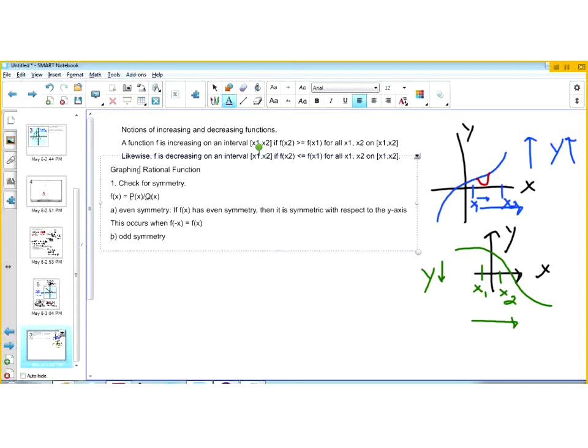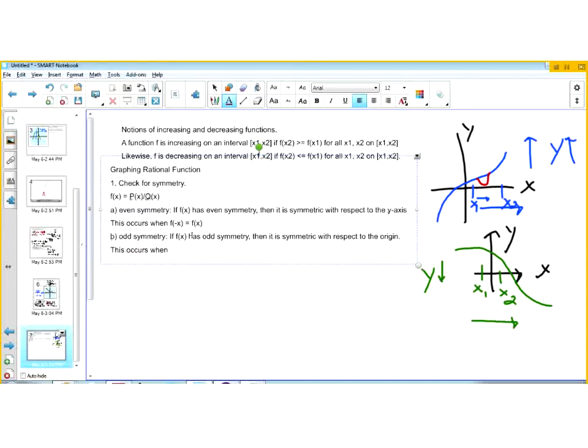The other type of symmetry we need to investigate would be odd symmetry. So take this down for now, and we'll go over some examples. So if f of x has odd symmetry, then it is symmetric with respect to the origin.